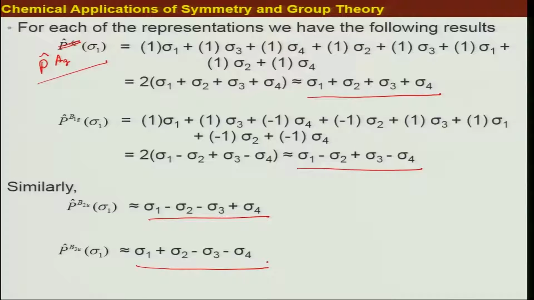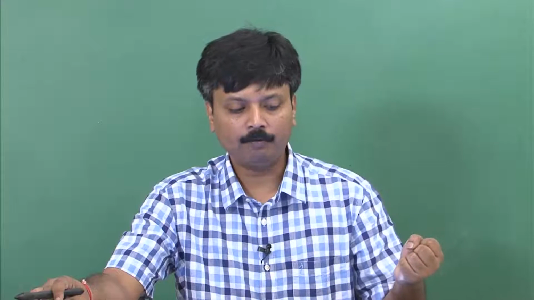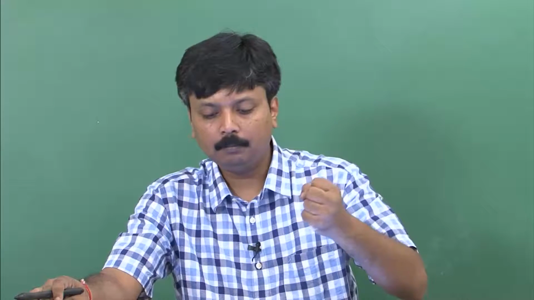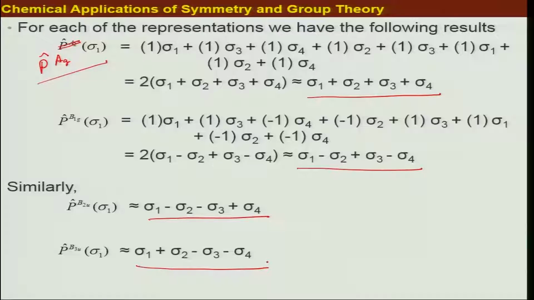To start with these 4 basis functions, we find that this particular combination, sigma 1 plus sigma 2 plus sigma 3 plus sigma 4, is forming a basis for Ag. That is not necessarily forming a basis for any other. Similarly, for B1g, we get a particular combination, sigma 1 minus sigma 2 plus sigma 3 minus sigma 4, forming a basis.